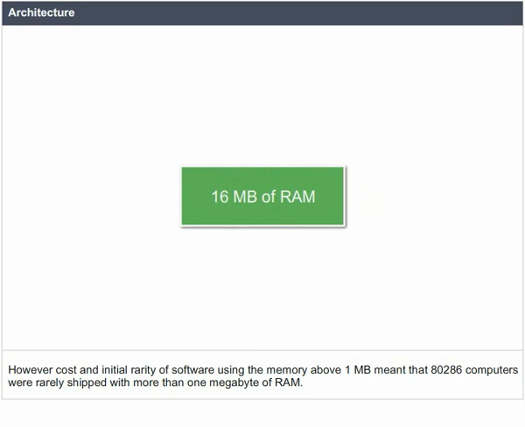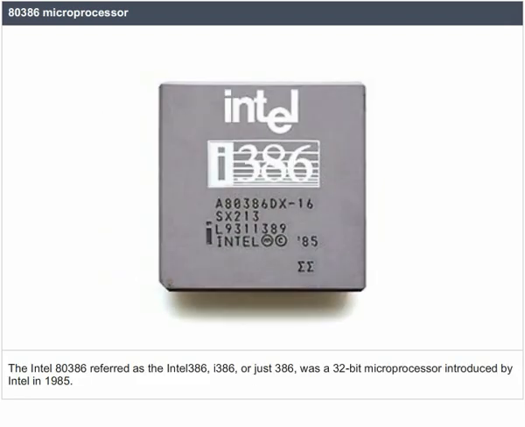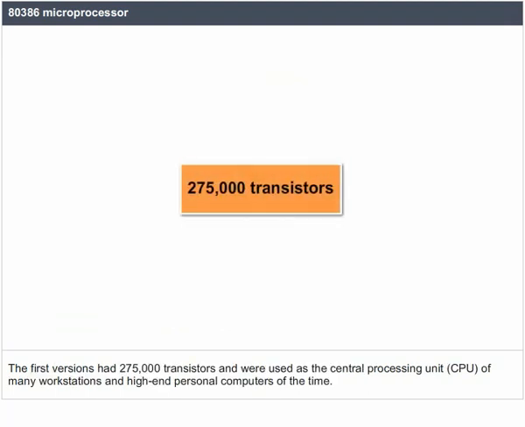80386 microprocessor. The Intel 80386, also referred to as the Intel 386, i386, or just 386, was a 32-bit microprocessor introduced by Intel in 1985. The first versions had 275,000 transistors and were used as the central processing unit of many workstations and high-end personal computers of the time.